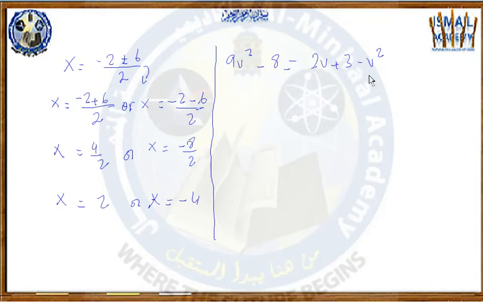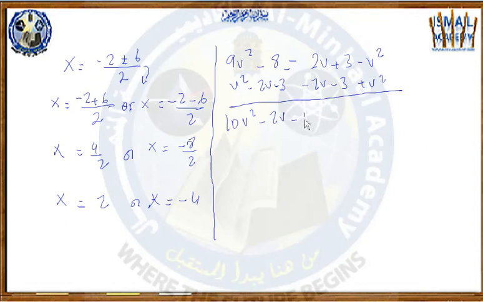What I do is move everything to one side, so I add minus 2v minus 3 plus v squared on both sides. We end up having 10v squared minus 2v minus 11 equals 0. Is that clear what I did here?